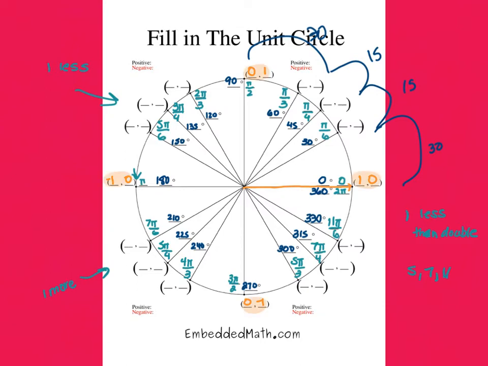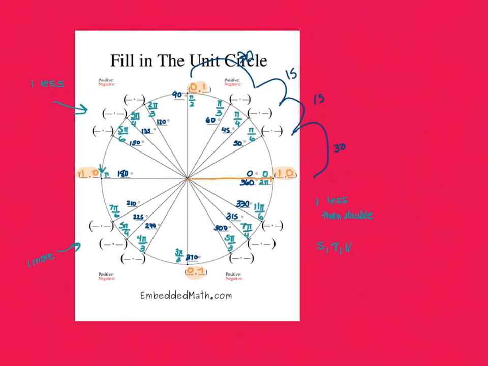All right, now we're going to fill in all the coordinate points. So every over 6 is root 3 over 2 and 1/2. We're going to go back and adjust the signs, but every over 6 is root 3 over 2 and 1/2. Every over 4 is root 2 over 2 and root 2 over 2.